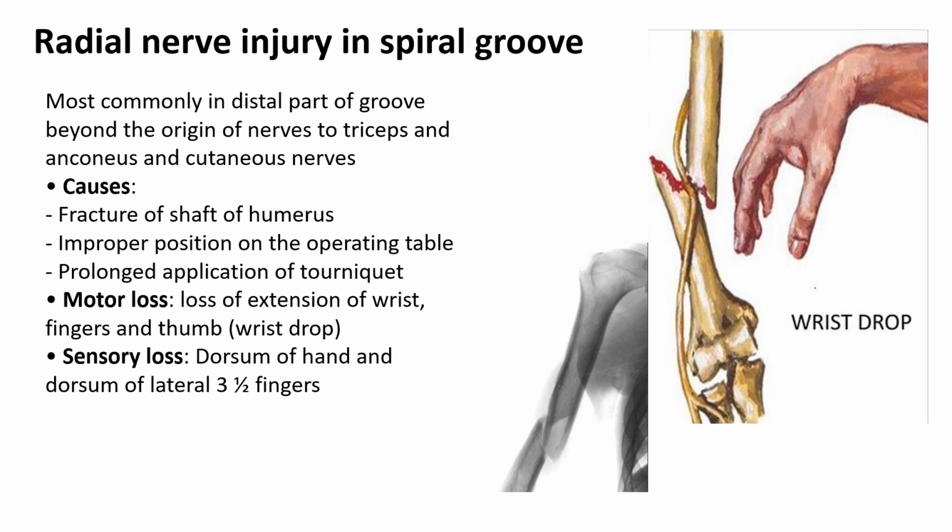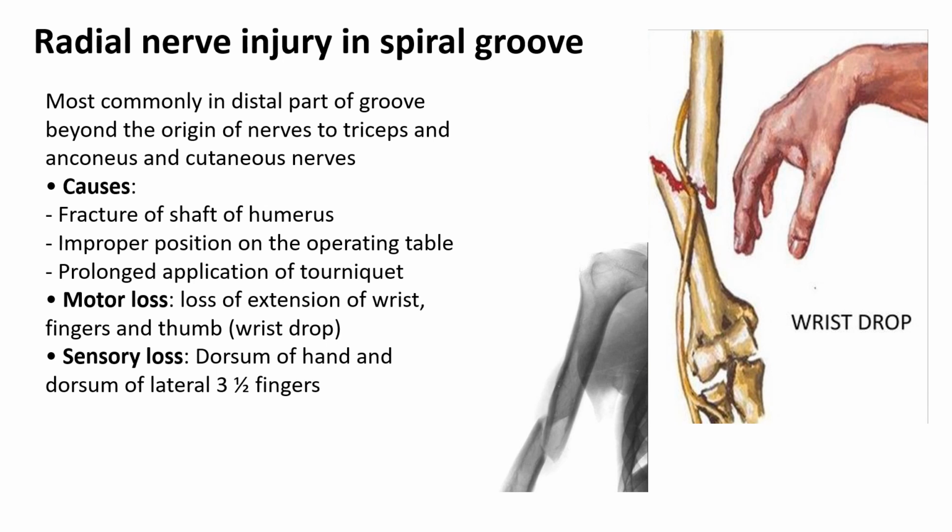The main causes for this injury are fracture of the shaft of the humerus, and this is the most common one, improper positioning on the operating table during general surgery, and prolonged application of tourniquet, especially in skinny people. There will be pressure on the radial nerve on the humerus.